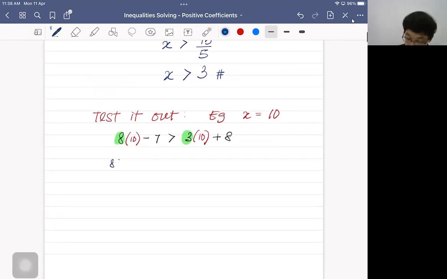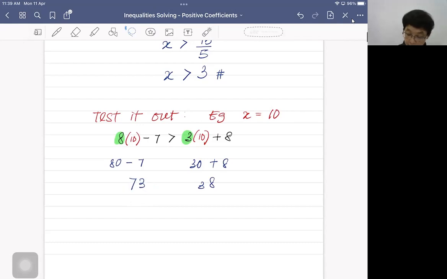So you got 80 minus 7, then you got 73. And let's solve the right-hand side. That gives us 30 plus 8, and that gives us 38. Now let's see.